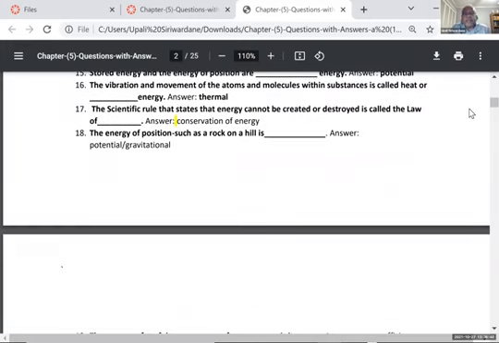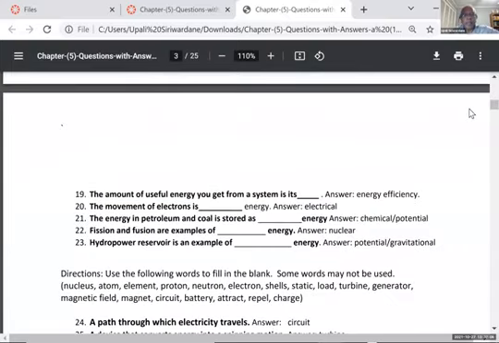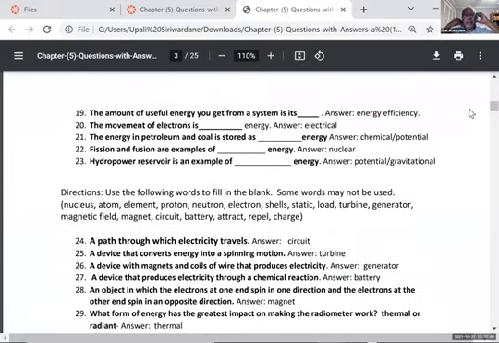The scientific rule that states energy cannot be created or destroyed is called the law of conservation of energy. The energy of a position, such as a rock on a hill, is called gravitational potential energy due to gravitation. The amount of useful energy that you get from a system is called efficiency.